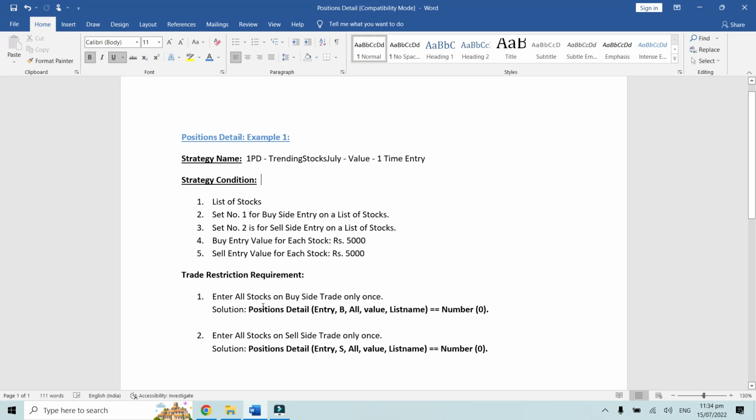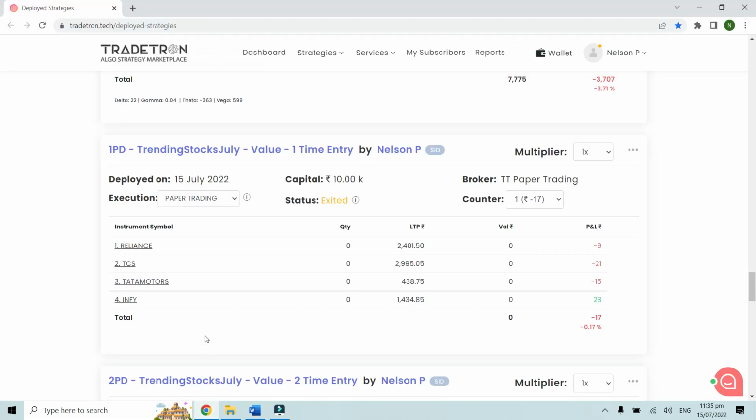So the solution for the buy side is basically this formula, where we will be putting positions detail entry buy all value list name is equal to number 0, and on the sell side, since it is sell, it will be positions detail entry sell all value list name is equal to number 0. So the differentiation between the two formulas, as you can see, this is the buy and this is the sell one. All right. So we will see now with a practical example how we have created this strategy.